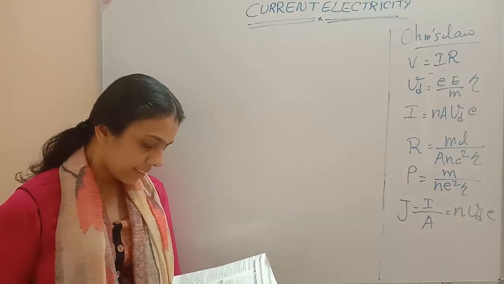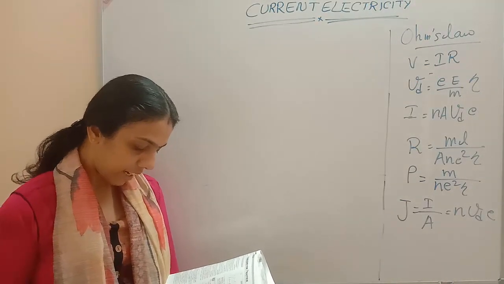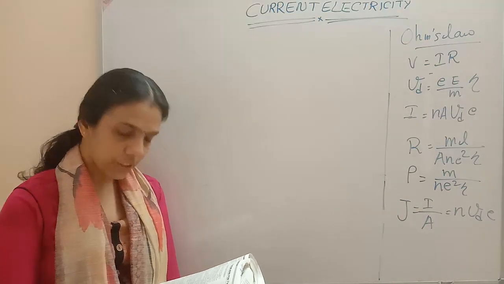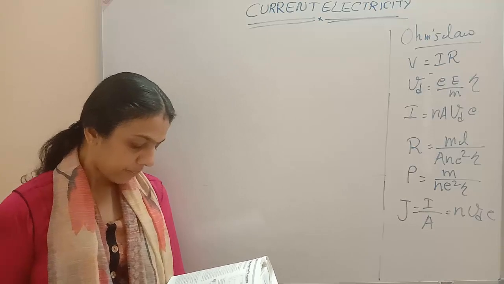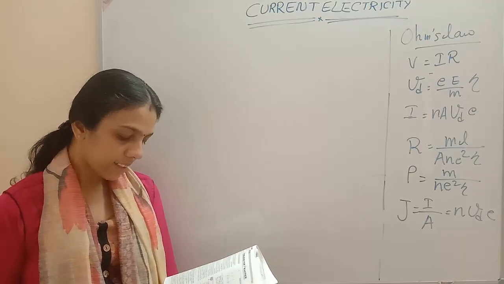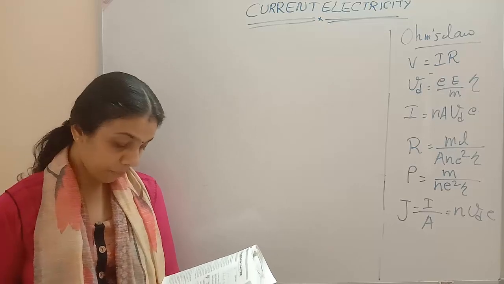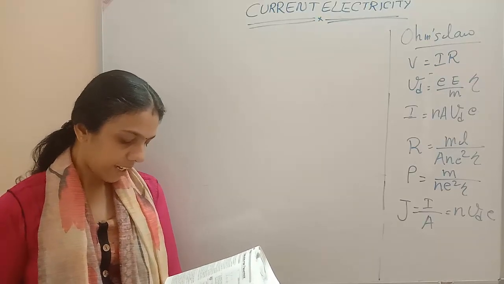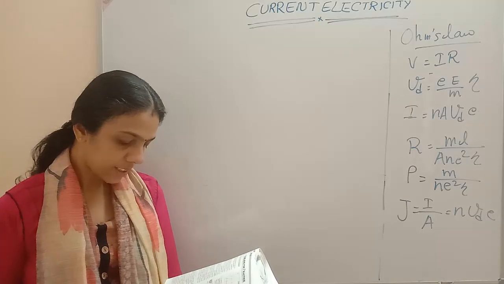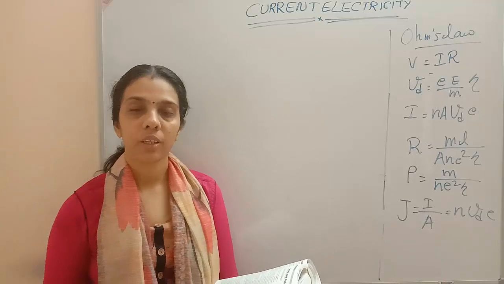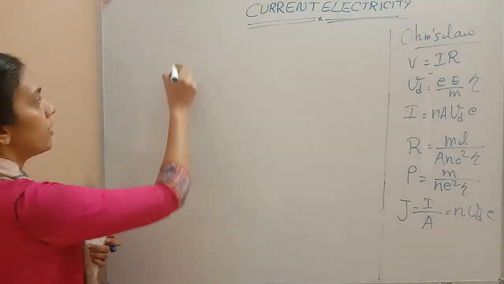Estimate the average drift speed of conduction electrons in a copper wire of cross-sectional area 2.5 into 10 to the power minus 7 meter square, carrying a current of 2.7 ampere. Assume the density of conduction electrons to be 9 into 10 to the power 28 meter to the power minus 3. So we should find out the average drift speed.